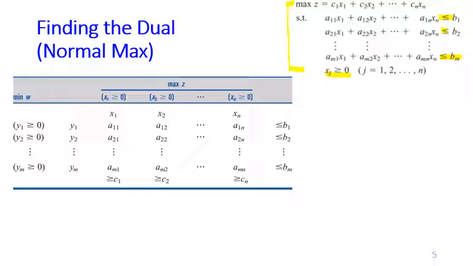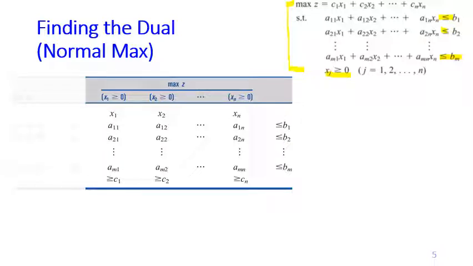From this table I'm going to cover the minimization part, because that part is related to the dual. I will also cover all the signs in front of the C's for now, and let's just see how this table is related to our normal maximization problem.